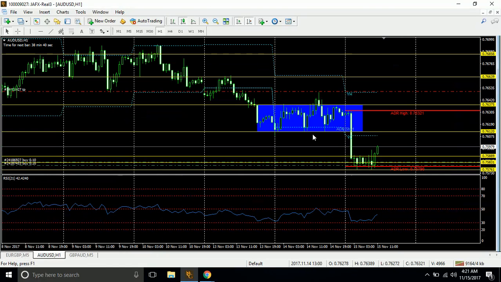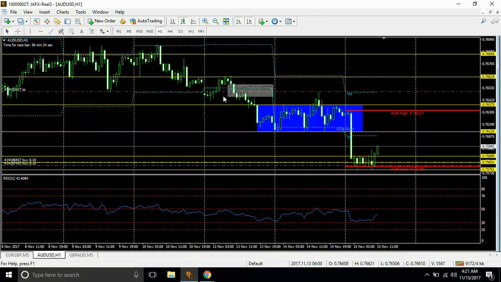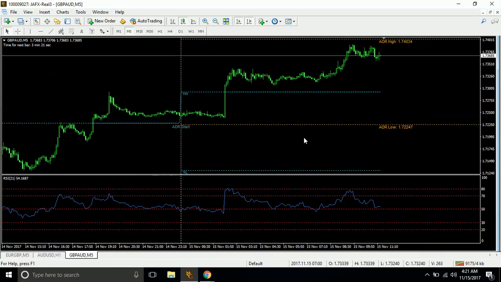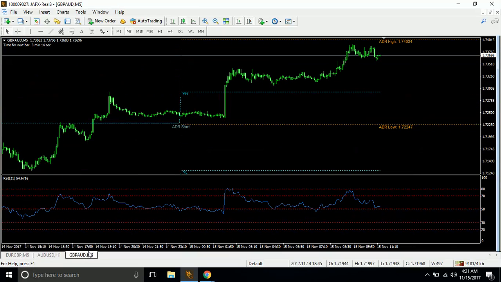The Aussie USD has nothing to do with the pound Aussie. Most would look at it and say, okay, the Aussie's strong against the dollar, so it must be strong against the pound and dragging it down. Not true.